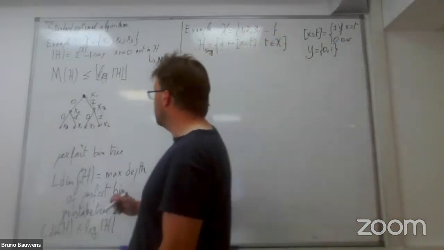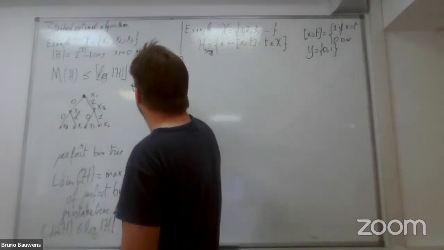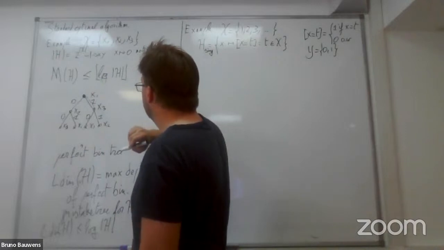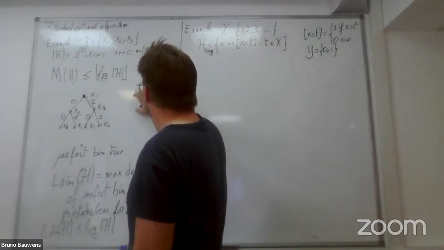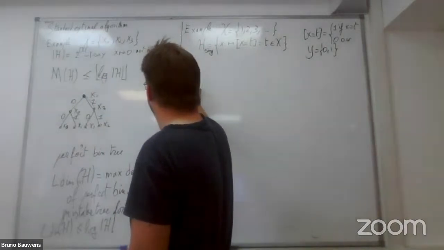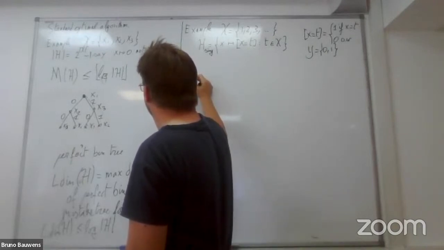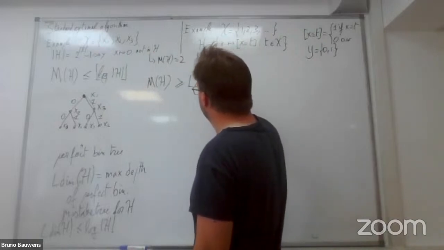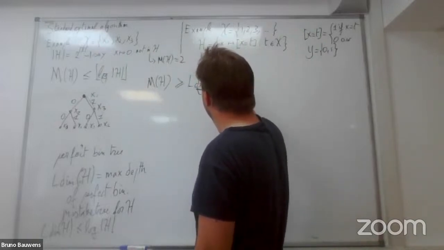And so we conclude that M of H must be at least... Yeah. So M of H is at least the Littlestone dimension of H.